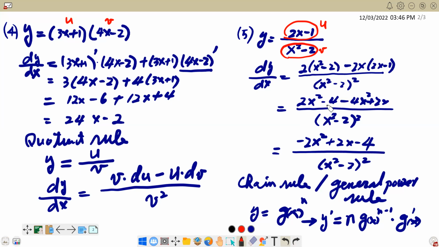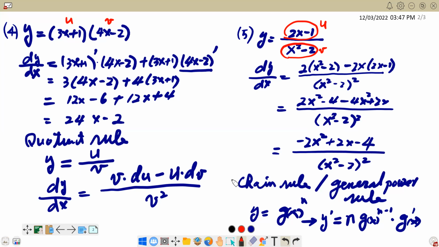Then you multiply it out, distribute it, so you get 2x squared minus 4 minus 4x squared plus 2x. Remember this minus sign and this minus sign, so negative, negative, you get plus. So the denominator stays the same, x squared minus 2, quantity squared. Then 2x squared minus 4x squared gives negative 2x squared, then plus 2x minus 4. So this is your final answer.